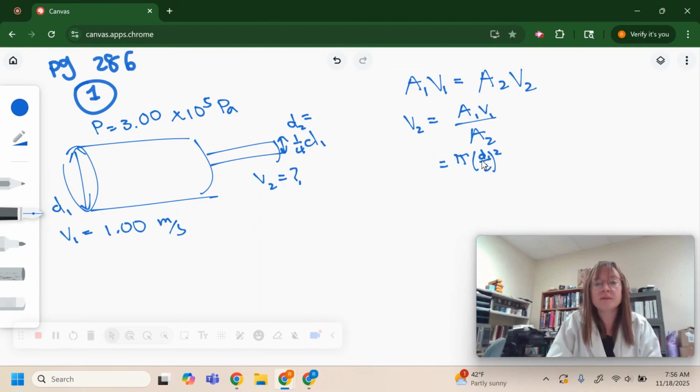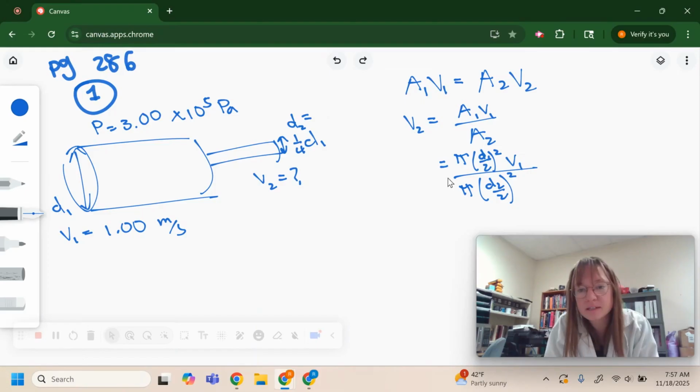So this is going to be pi d1 over 2 squared times v1 divided by pi d2 over 2 squared. Whoa, I was about to say times v2, but that would be crazy since I already pulled out my v2. Okay, perfect.